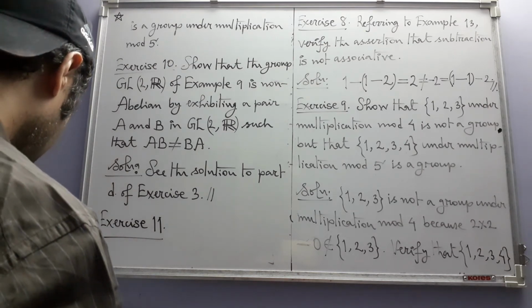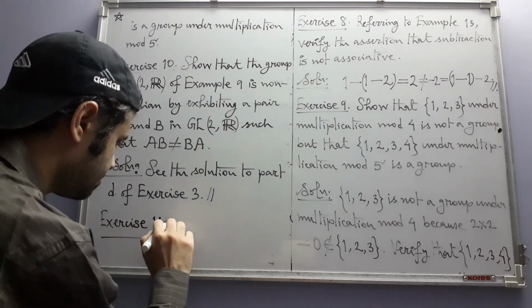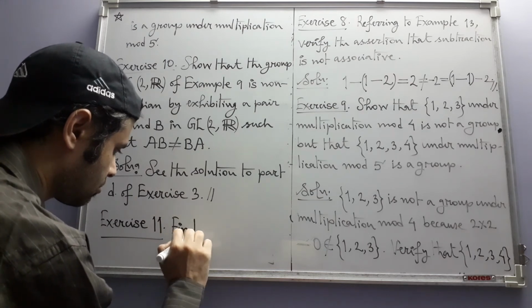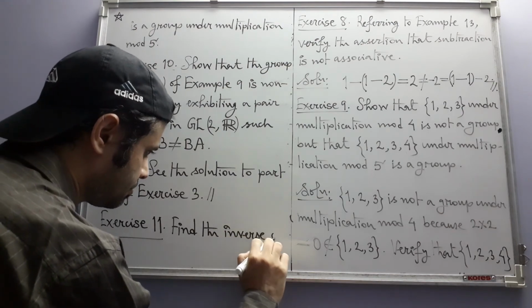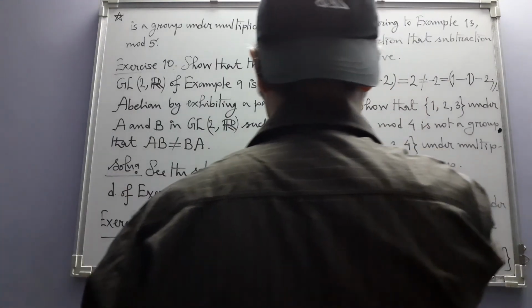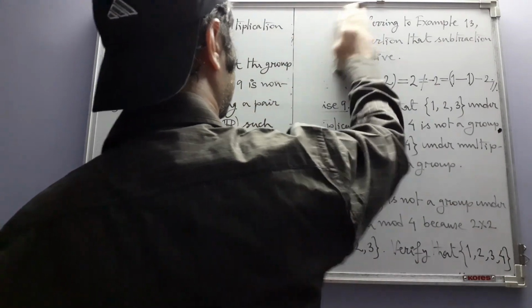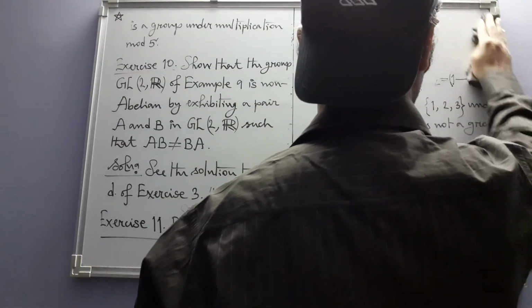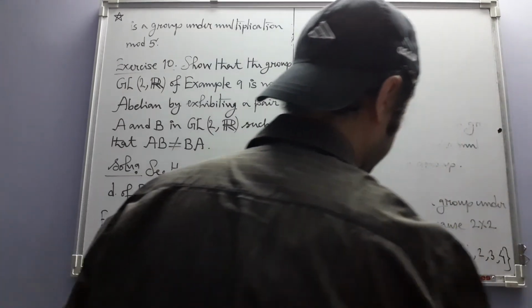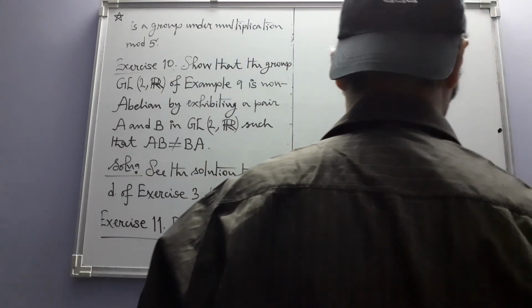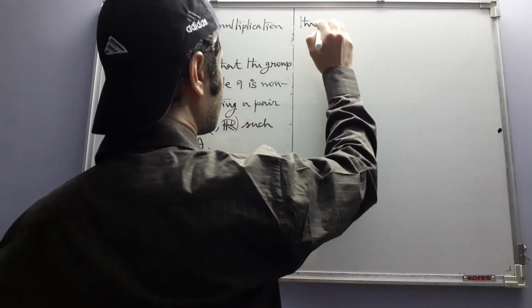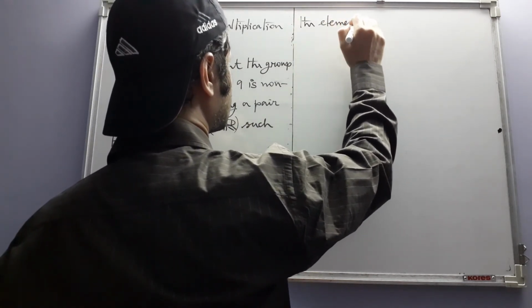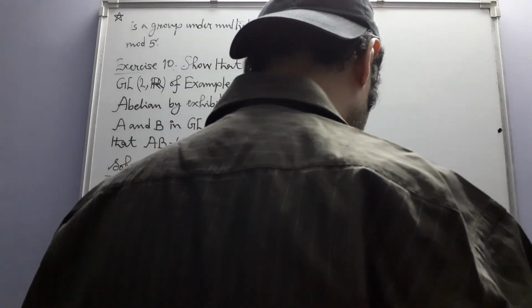Exercise 11. Find the inverse of the element 2, 6, 3, 5.